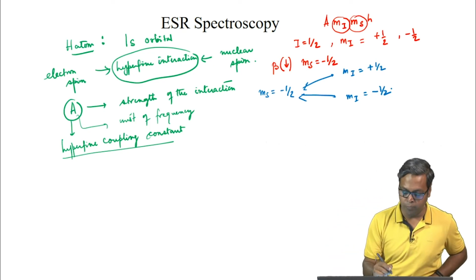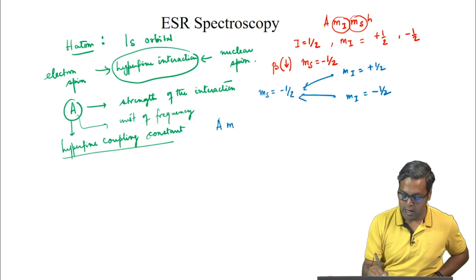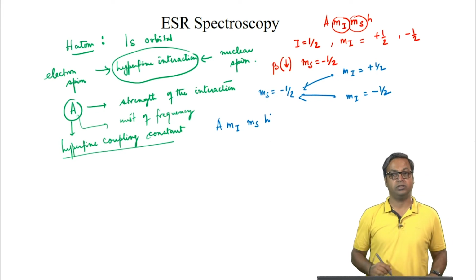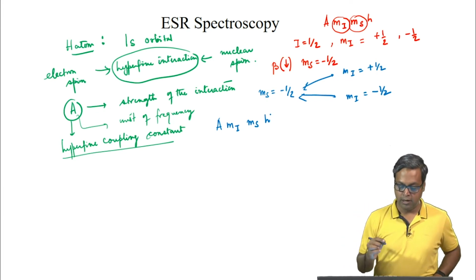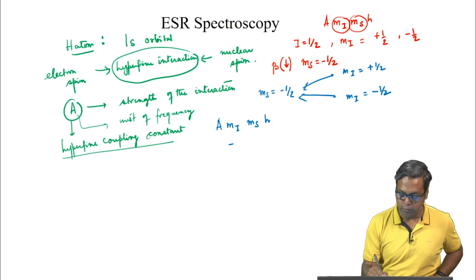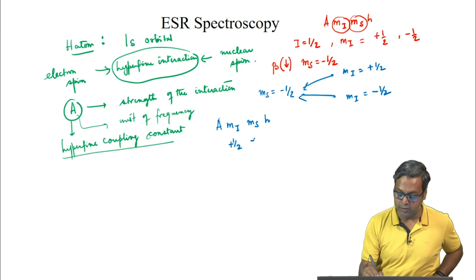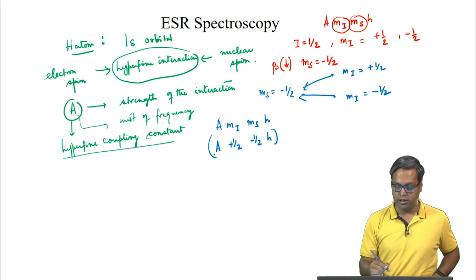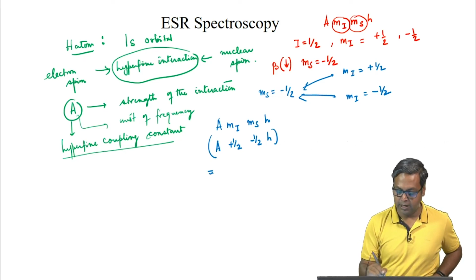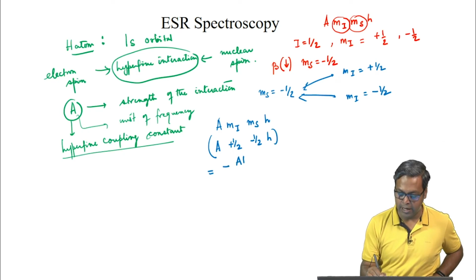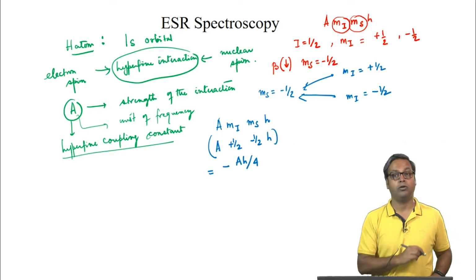So, now if we put A m I m s h, and let us say that m I equals plus half and the electron is in the beta state, so m s equals minus half, then we have the energy that is minus A h by 4.